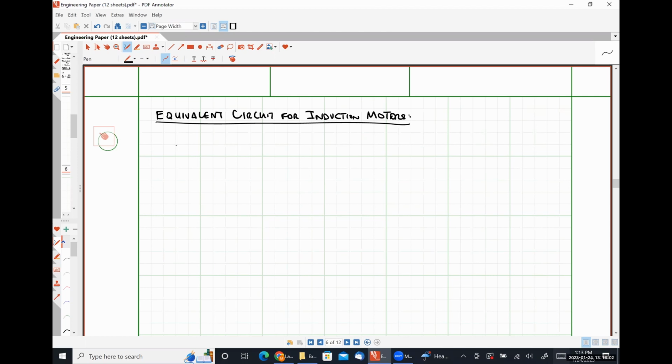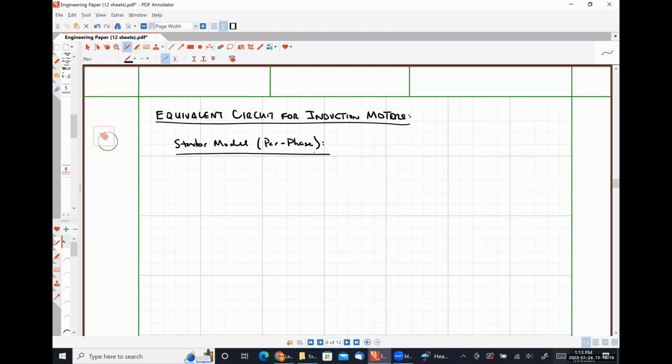So from that, let's look at our stator model. I'm putting something here that's very important. We're looking at our stator on a per phase basis.